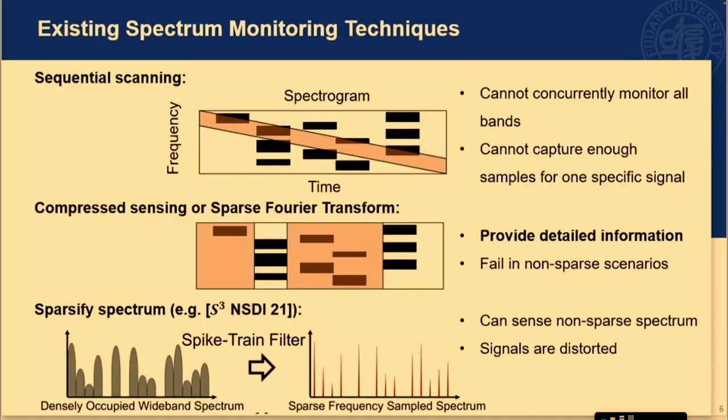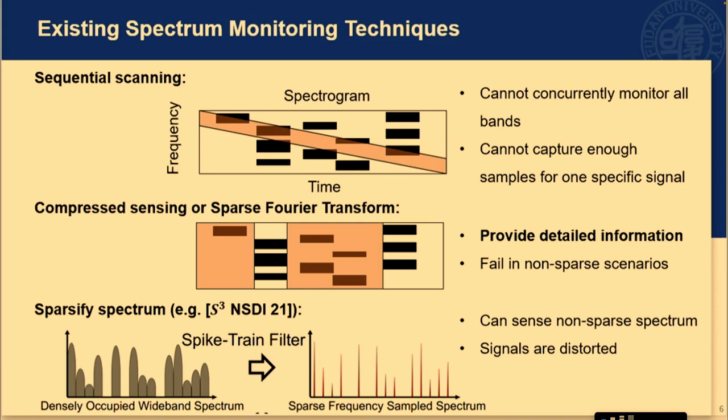Current solutions towards the Nyquist sampling have their own limitations. For example, sequential scanning cannot concurrently monitor all bands and cannot capture enough samples for one specific signal. Compressed sensing and sparse Fourier transform, although they provide detailed information, only work in sparse scenarios and they fail in non-sparse spectrum.